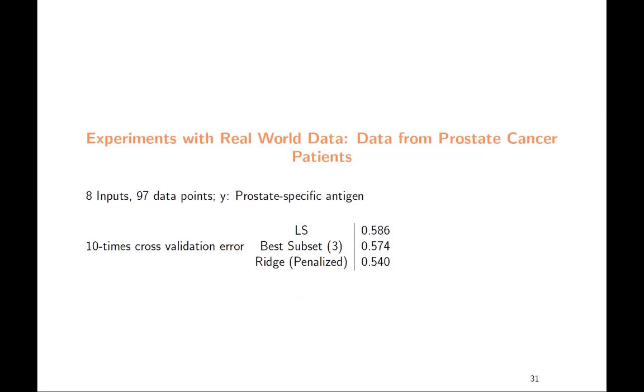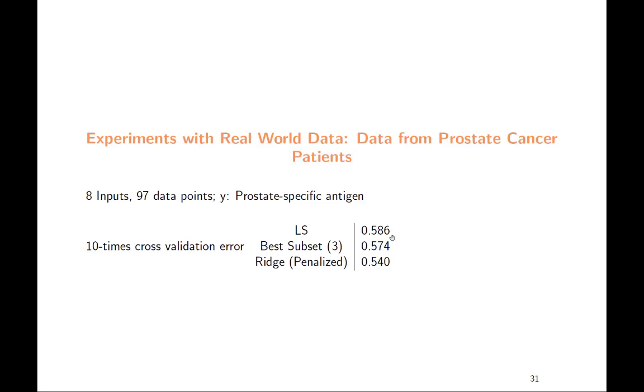So here are some real experiments: 8 inputs, prostate cancer data, 97 data points, patients, and Y is a prostate-specific antigen. You evaluate on the test data, on data you didn't use for training. Least squares without anything fancy gave you this error, 0.586.